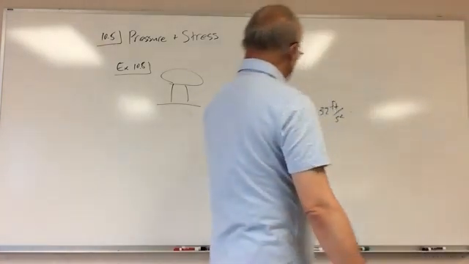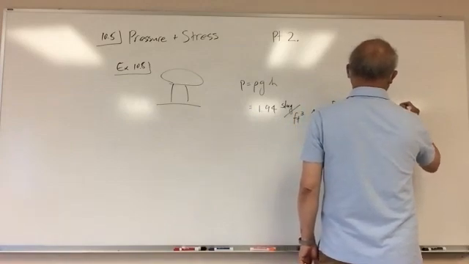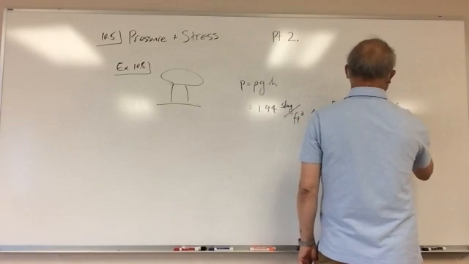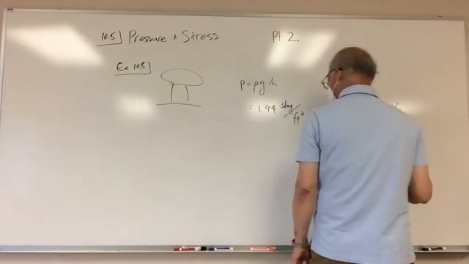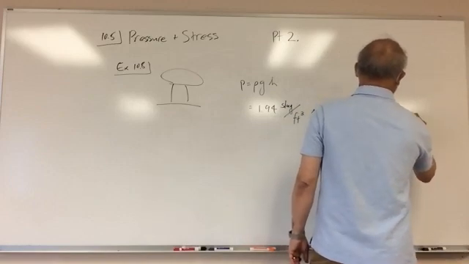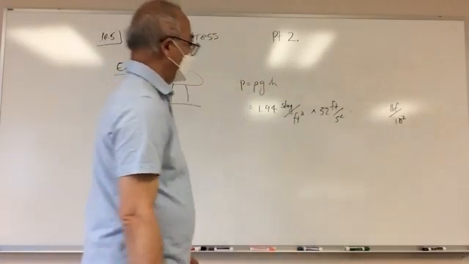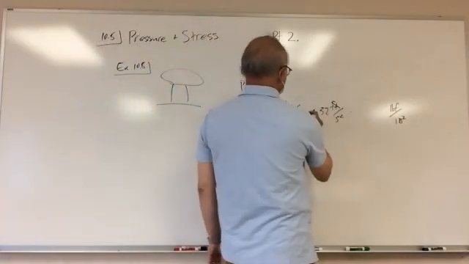So they want to calculate it in psi. So we're looking to get pounds per inch squared, psi. This is where we want to be at. Okay, so the feet, this guy's going to cancel.